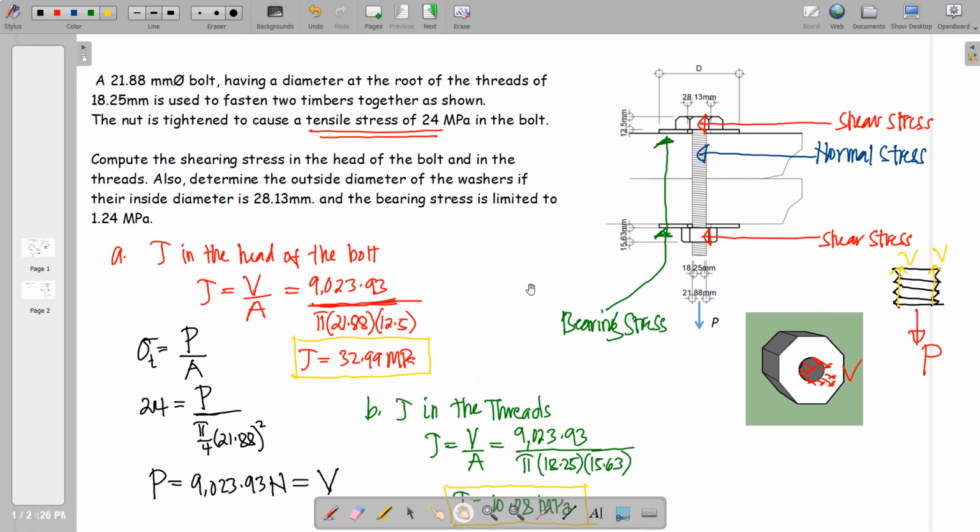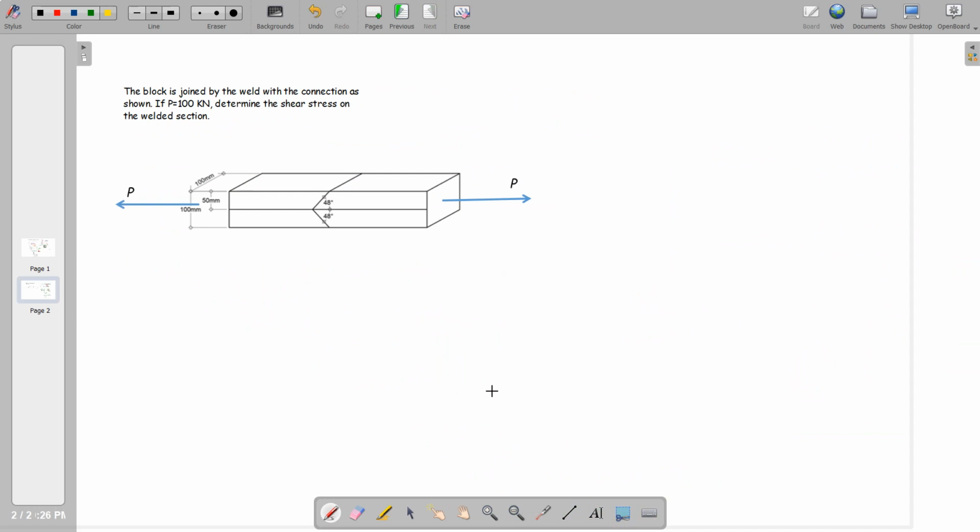Okay, so moving on, say we have another problem, and this problem is actually the problem of the shearing stress. Since we have here a joint section, this is joined through a weld connection.